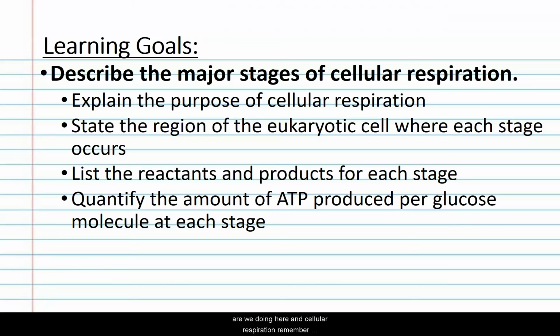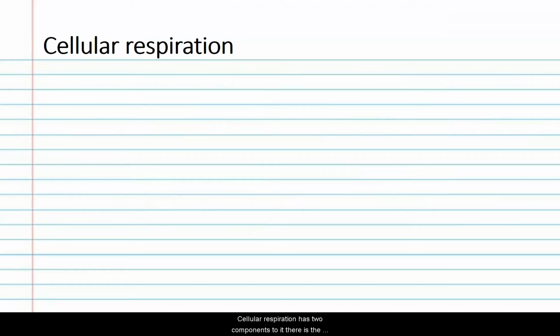In cellular respiration, remember, we are taking the chemical potential energy that is stored in glucose and we're releasing it from that molecule and making ATP. ATP, again, is that energy currency of the cell. So, cellular respiration has two components to it.